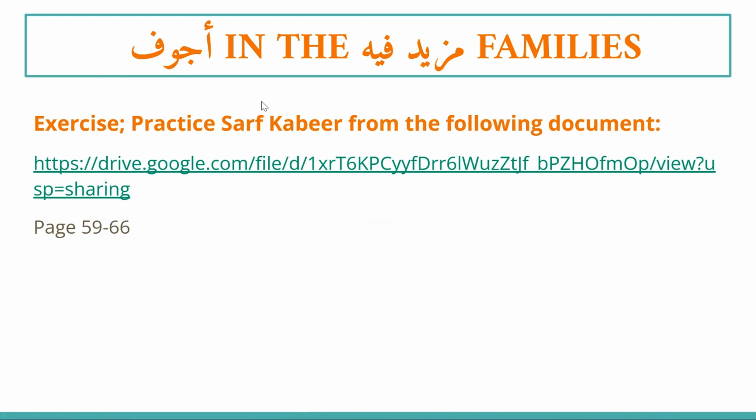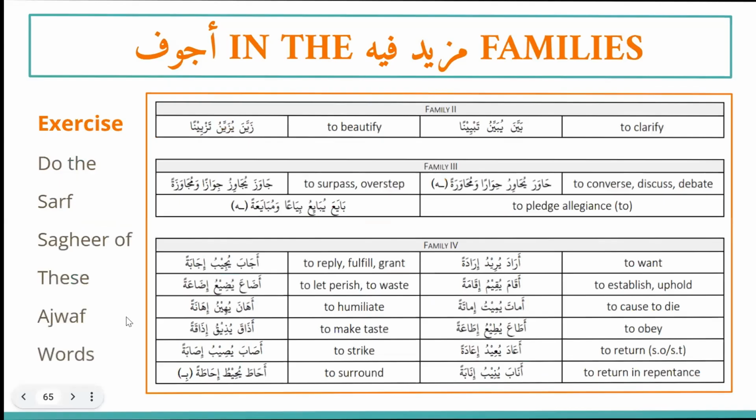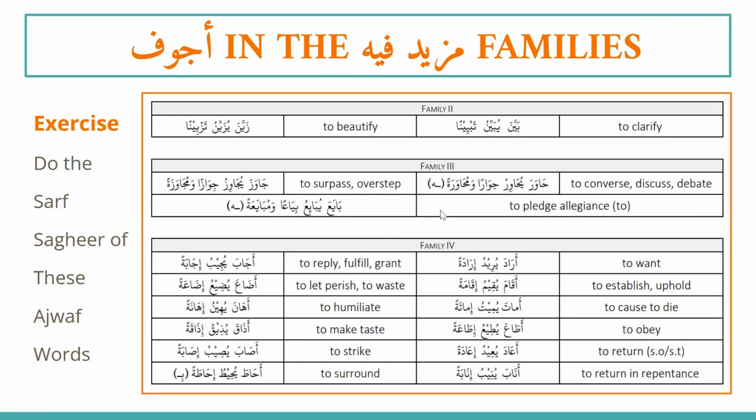And this is the Sarf Kabir practice that we are going to do in the interactive session. And then we are going to do Sarf Saghir also for these Ajwaf words in family 4, family 2, family 3. Family 2 and family 3 are normal with Ajwaf irregularity. Like bayyana, yubayyinu, tabyinan, and zayyana, yuzayyinu, tazyinan.